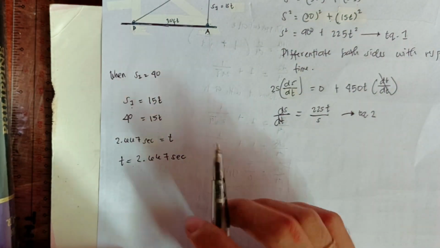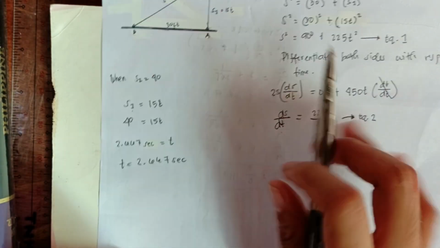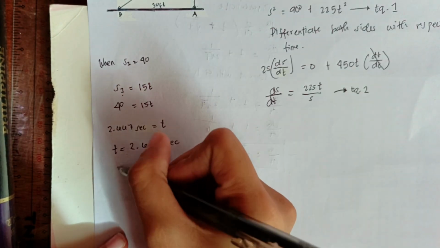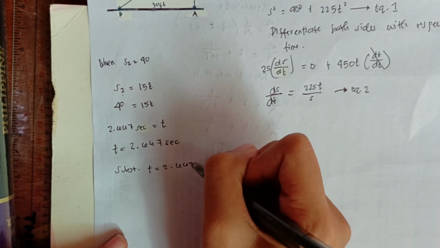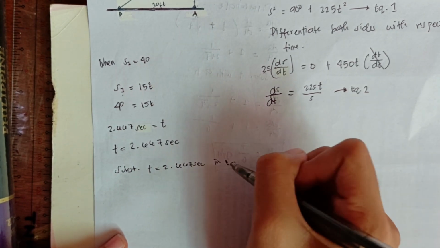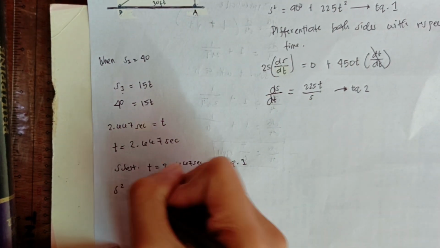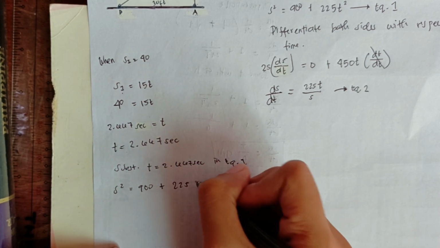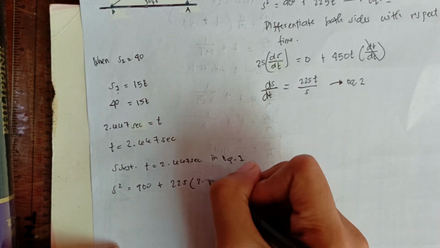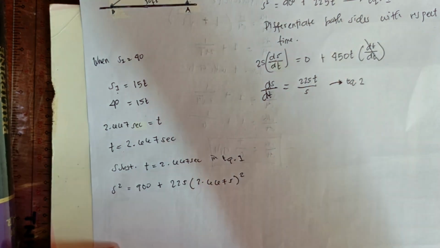So, next let's substitute this value in equation number 1. Equation number 1 manin nato. So, substitute 2.667 in equation 1. S squared is equal to 900 plus 225 times 2.667 seconds squared.